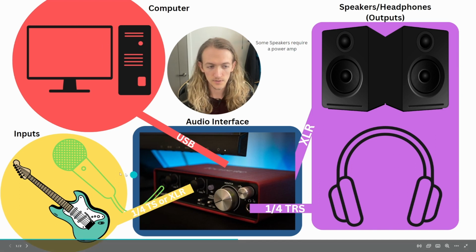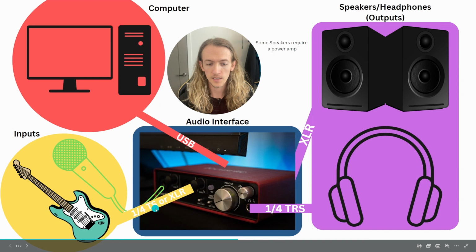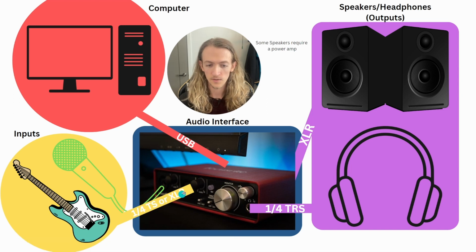So you'll input these analog sound sources with either a 1/4" TS cable, which we'll talk about in a second, or an XLR cable. Your audio interface is connected to the computer with normally a USB cable, but we'll also talk about some of the other options in a moment.